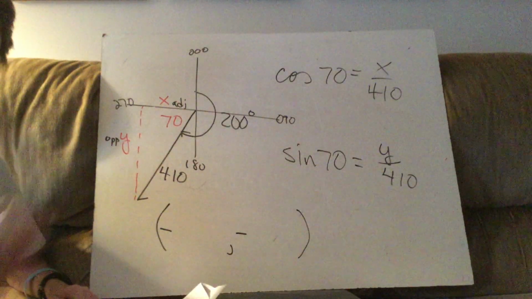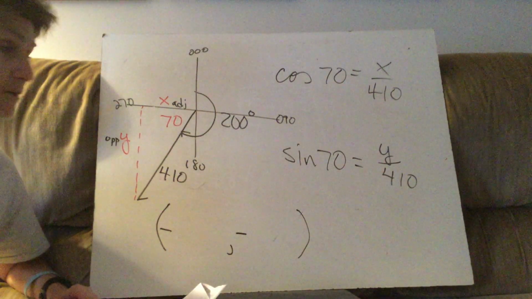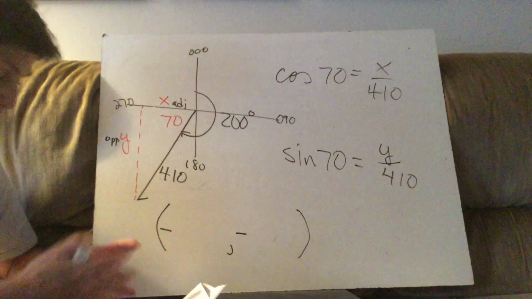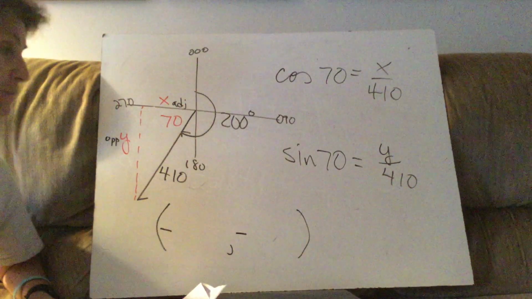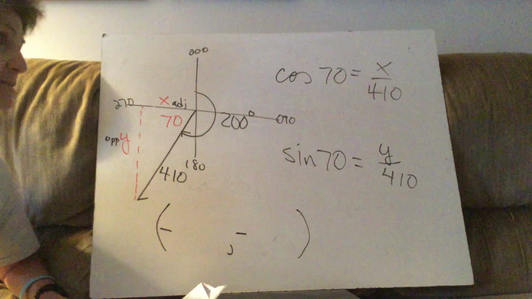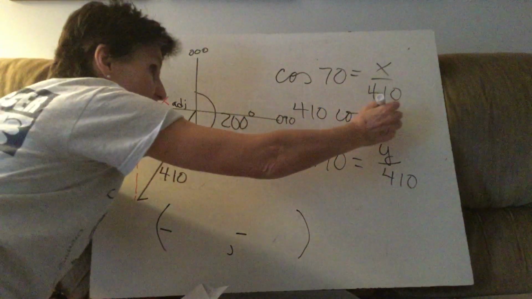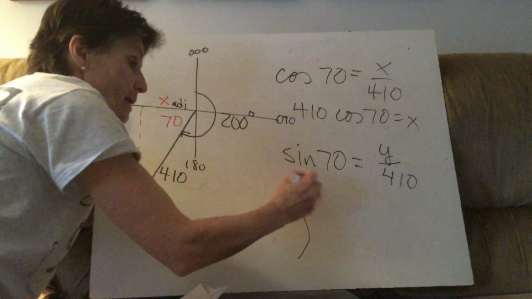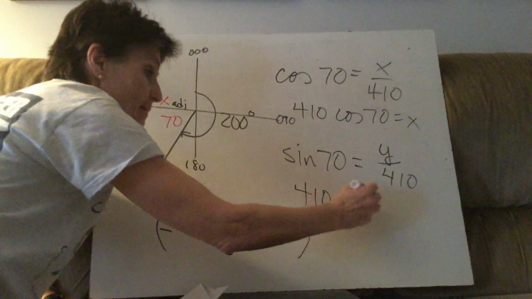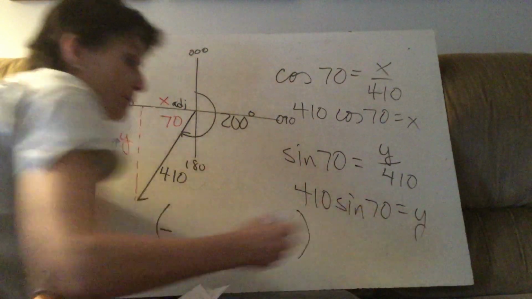So it's exactly what we were doing earlier. It's just a different presentation of the problem. But the math is exactly the same. So 410 cosine 70 is my x, and 410 sine 70 is my y.